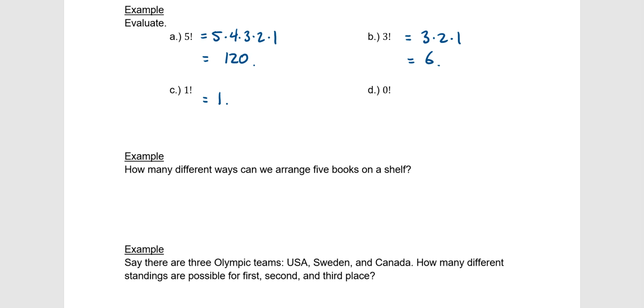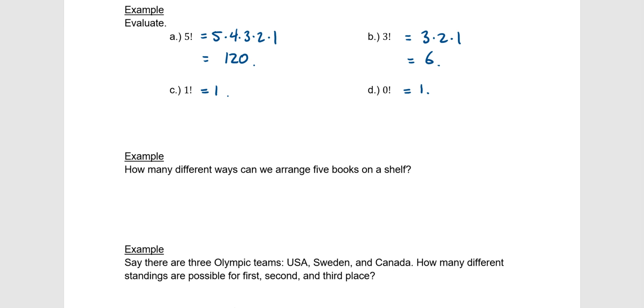The next one is a little bit tricky. We have 0 factorial. 0 factorial is actually equal to 1. If we think about what it actually means, 3 factorial tells us how many different ways we can arrange 3 objects in order.